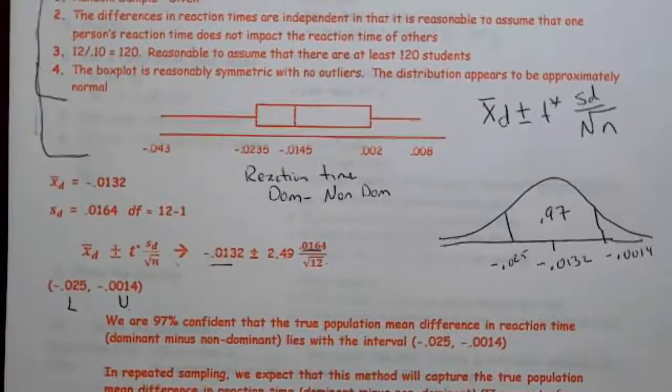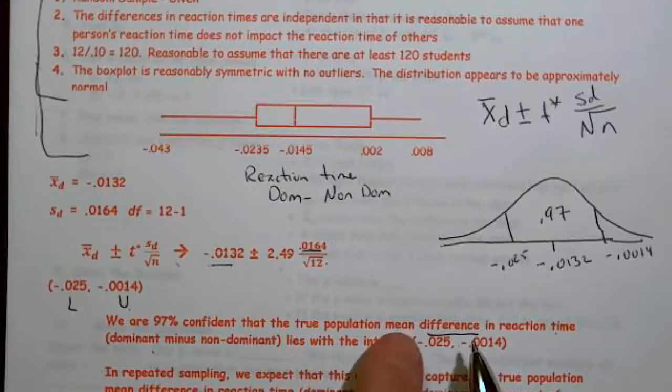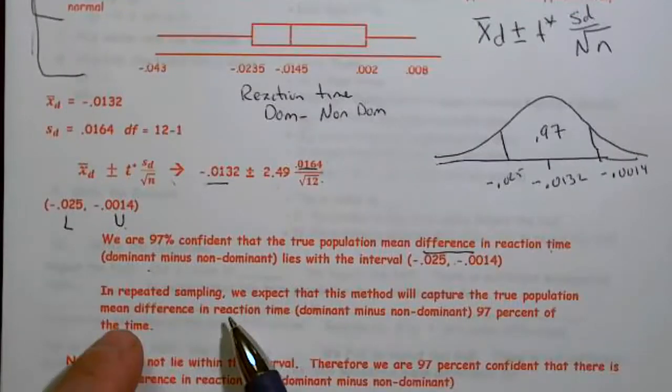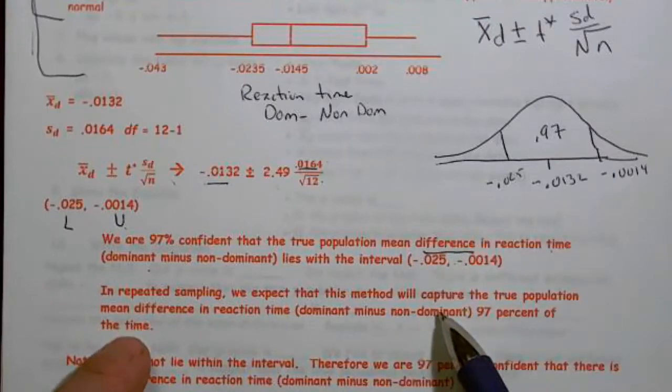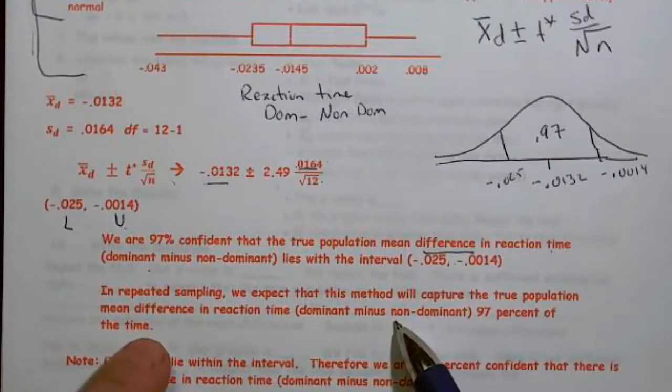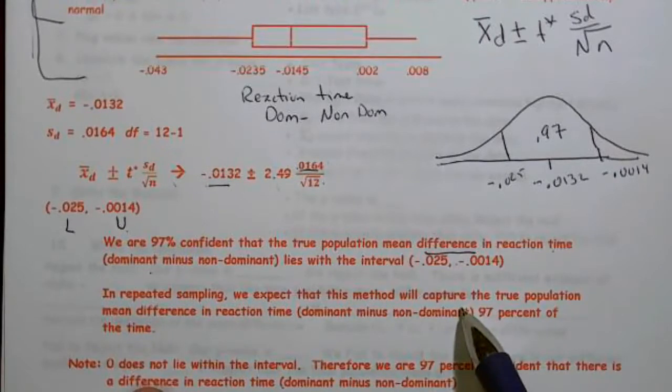We're 97% confident, because that's what we ran, that the true population mean difference in reaction time, dominant minus non-dominant, lies within this interval. Notice that both are negative, which is going to be interesting in just a moment. We also know that in repeated sampling, our method is really good, so we expect that it'll capture the true population mean difference 97% of the time.